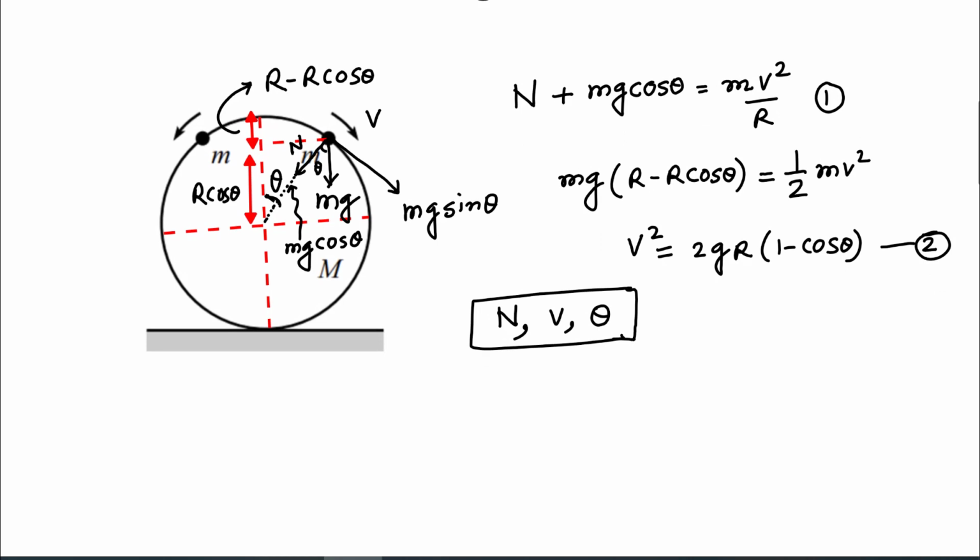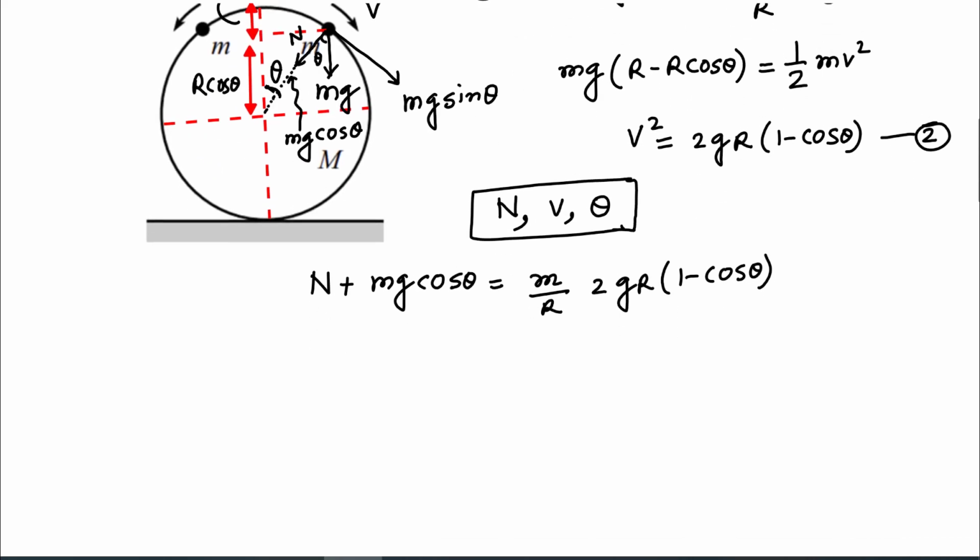So N plus mg cos theta is equal to mv square by r, and v square is nothing but 2gr times 1 minus cos theta. So from here I can write N is equal to minus mg cos theta plus 2mg times 1 minus cos theta.